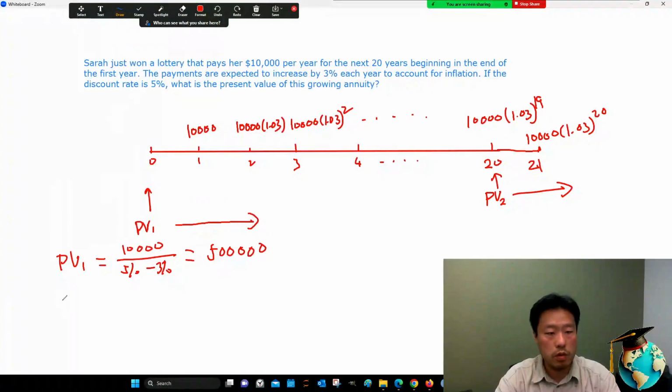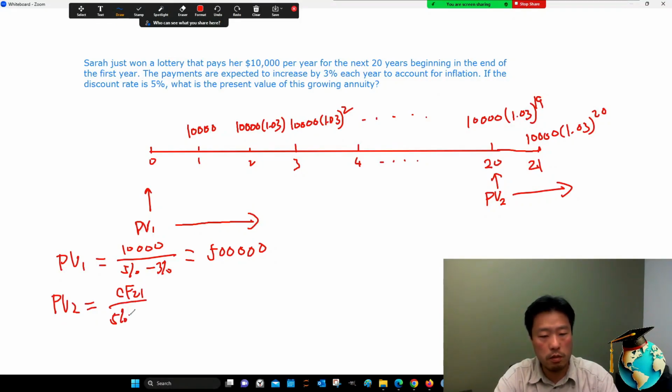The next step is to find the PV2, which is equal to the cash flow of year 21 divided by 5% minus 3%. From the timeline, you see that the cash flow would be $10,000 multiplied by 1.03 to the power of 20, divided by 5% minus 3%.